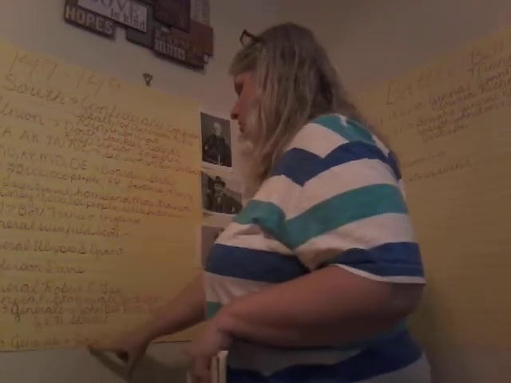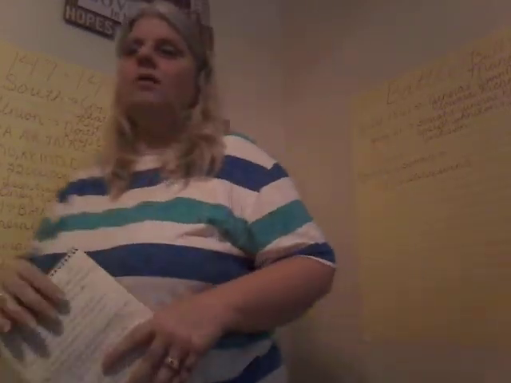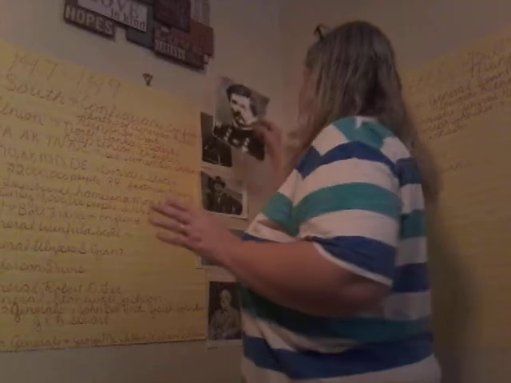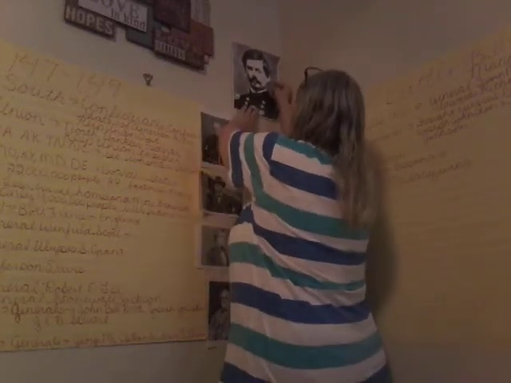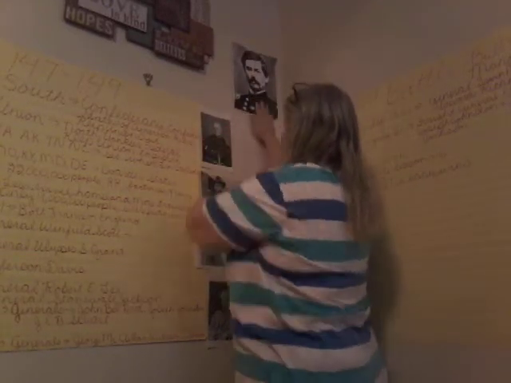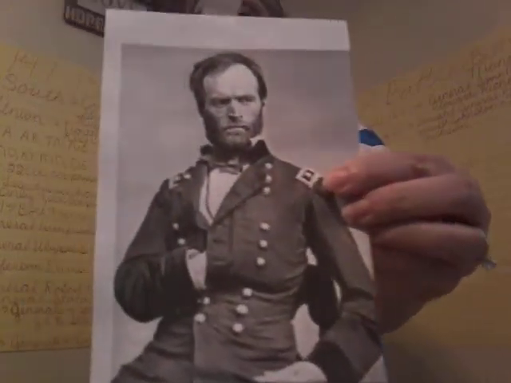The other generals on the Union are McClellan, George McClellan. My husband had printed this one off early, so he's huge. So we'll put him way up here. And we have, here he is, William Tecumseh Sherman.